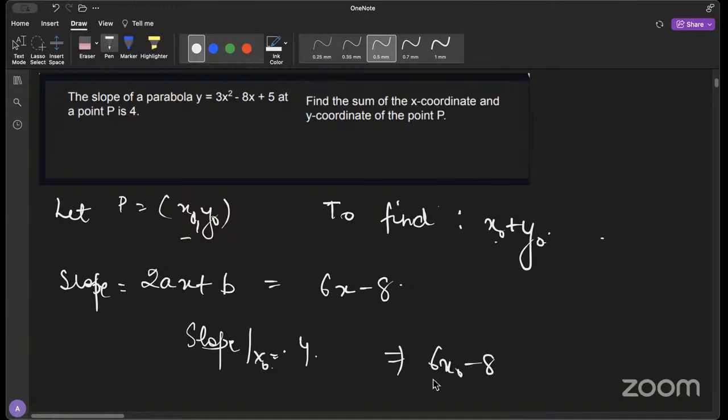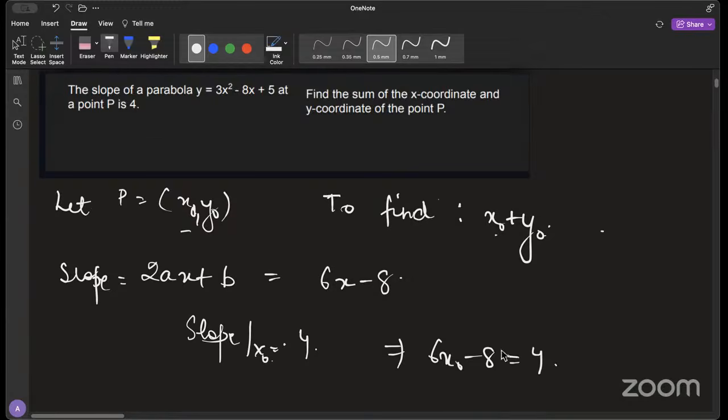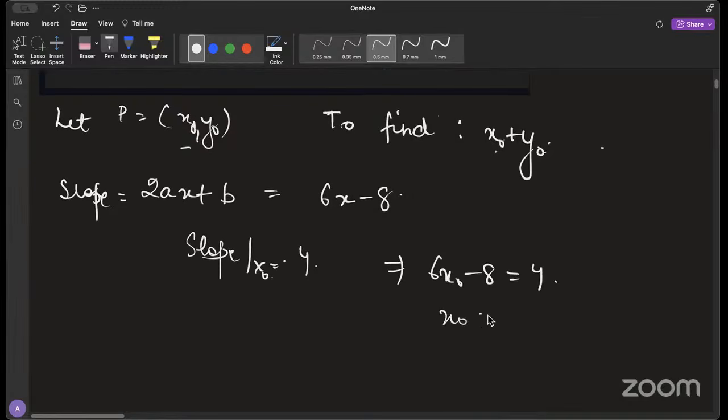This will be 6x naught minus 8, and this should be 4. That means the required point x naught should be 8 plus 4, 12 by 6. And then you substitute, because this is a point on this parabola.